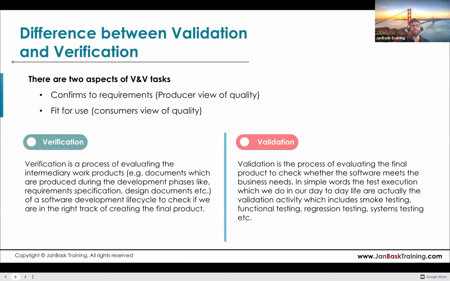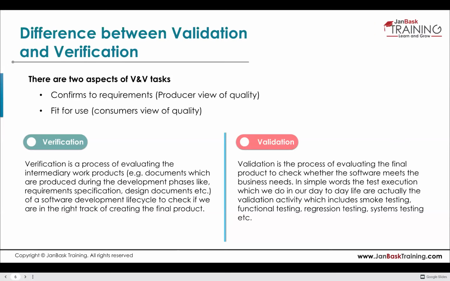These are the things which you will get during the initial phase of the development of the product, when the product is getting developed. So verification is involved in this phase.